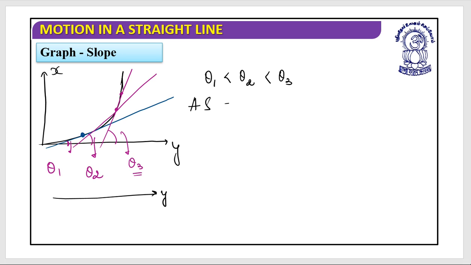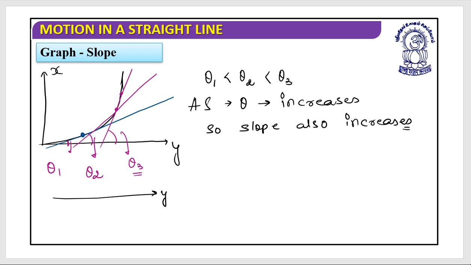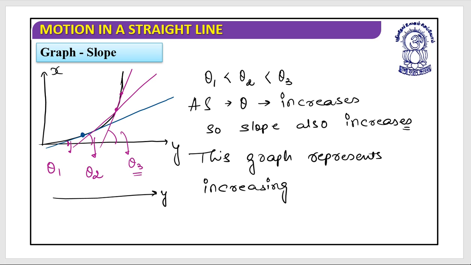So as theta increases, slope also increases, which means this graph represents an increasing slope.